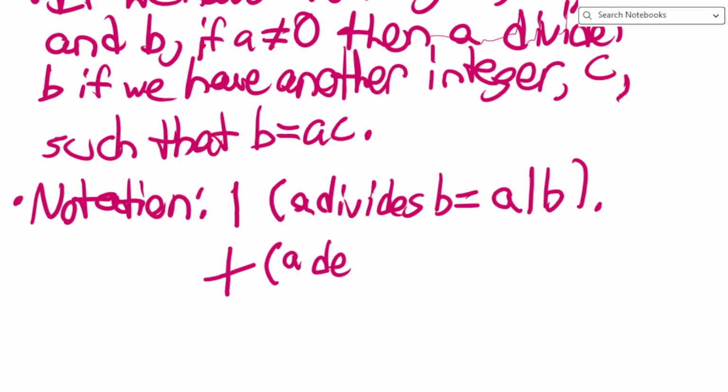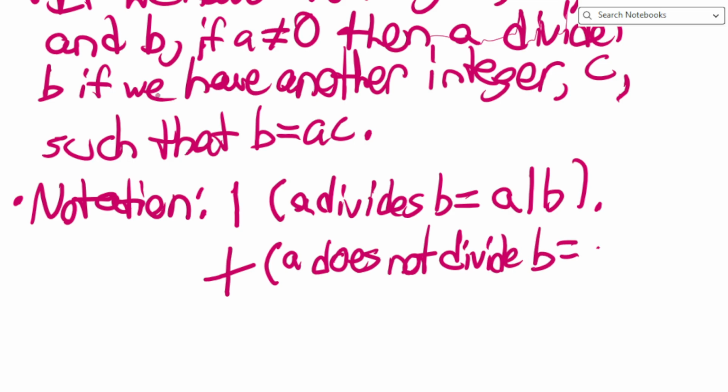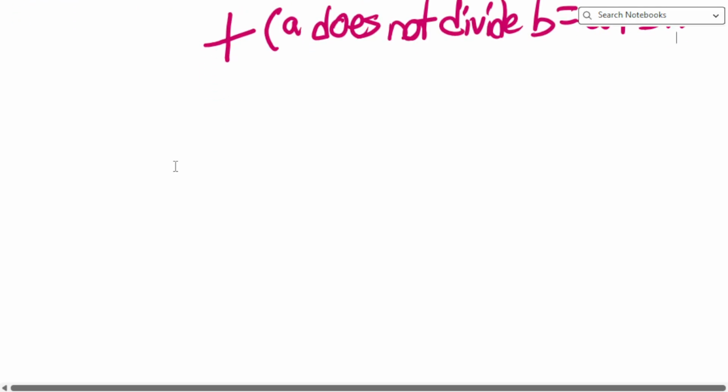So A does not divide B would be A, our line with a slash through it, B.